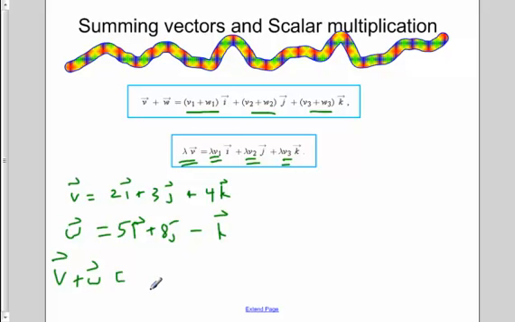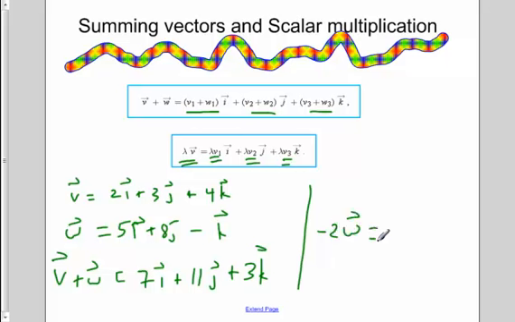So just adding the components, it is 7i plus 11j plus 3k. And negative 2w is going to equal, well, we'll just multiply negative 2 by each of those component values. So it's going to equal negative 10i minus 16j plus 2k.